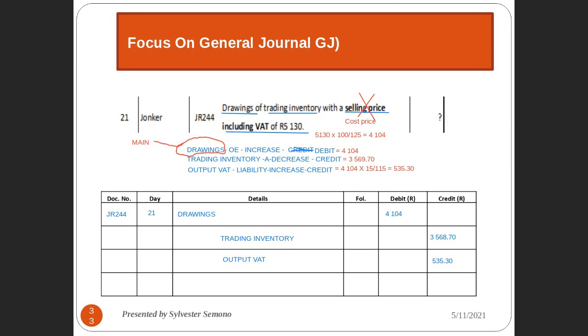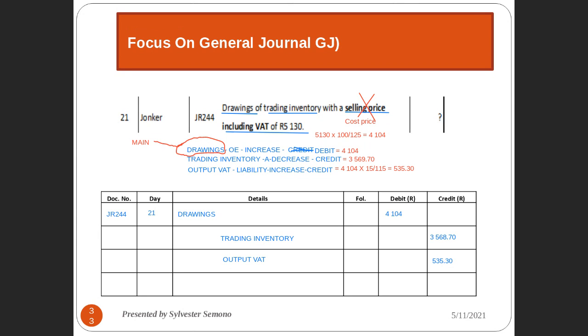Okay, why is it output VAT instead of input VAT? That's a good question. For you to understand this, you must ask yourself, by the time you bought this inventory, before the owner took it, you had input VAT.